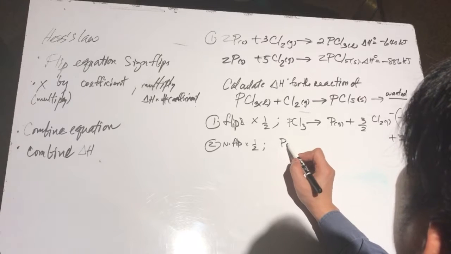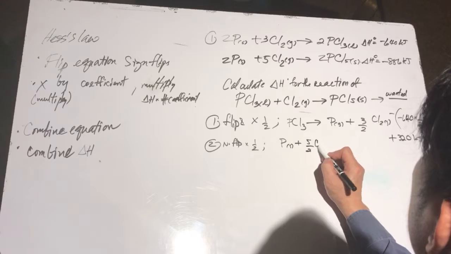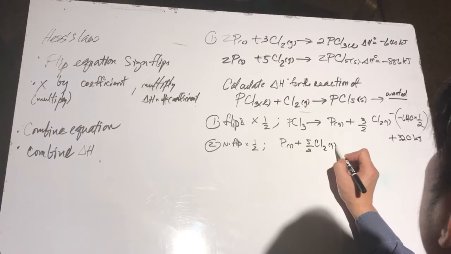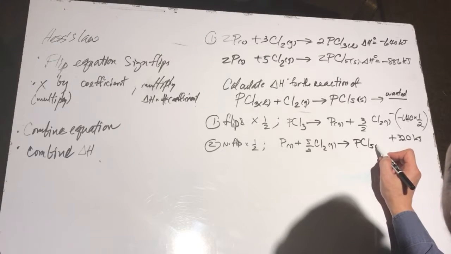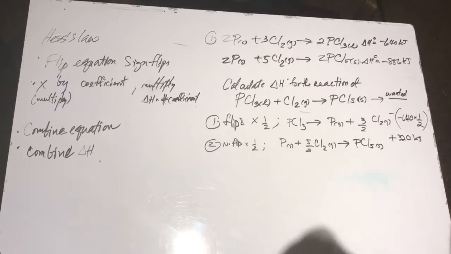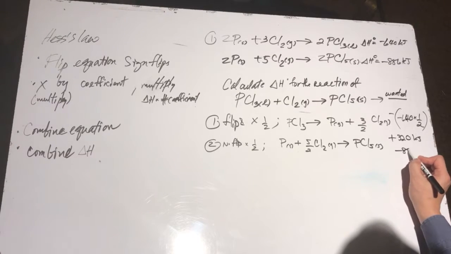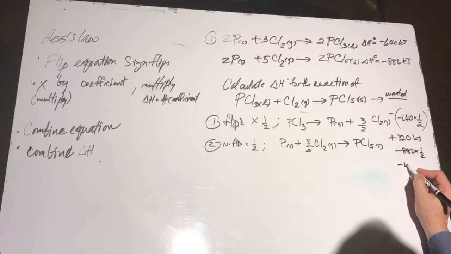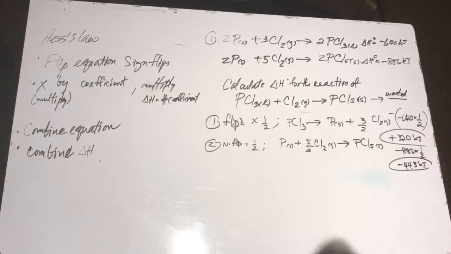So that would be P solid plus 5/2 chlorine gas equals PCl5, which is solid. And the math will be this multiplied by 1/2, and that should give me 443 kilojoules. These are the 2 different values that we have.